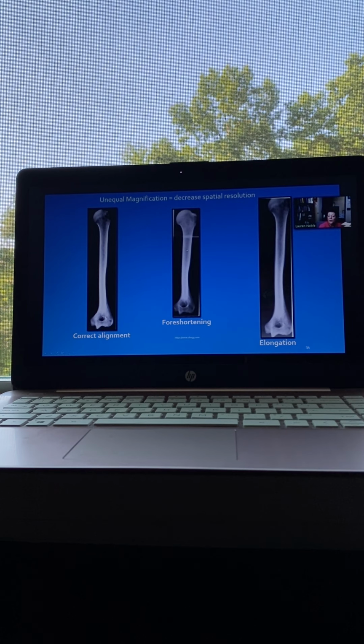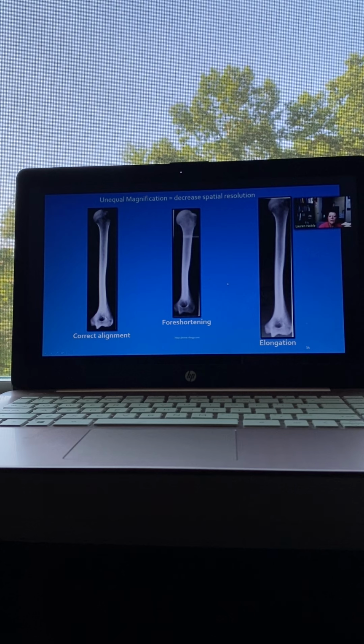You see how it looks short here, and then here, how it's been elongated. And you will get a decrease in spatial resolution. So here and here, there's a decrease in spatial resolution compared to here, for example. Can you see that it's harder to see those trabecular markings?